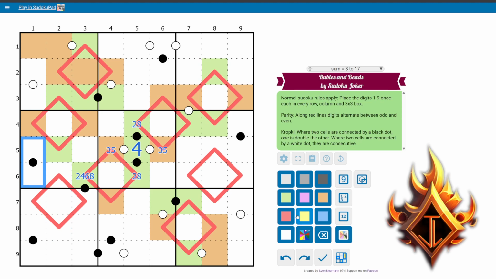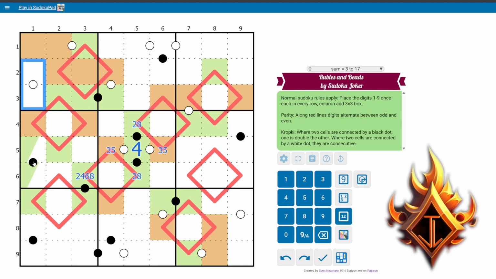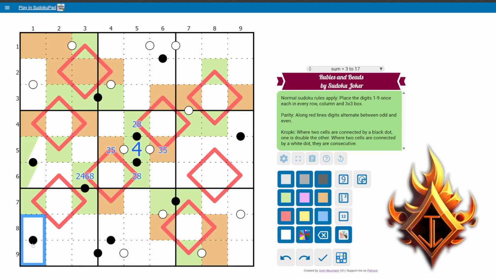If these are both even, let me just hash those so I remember where I start. Then those will be even. But this one, and then our last even would be up here. So we'd have 1, 2, 3, 4. But both of these cannot be odd. So that only tells me though that these are different.